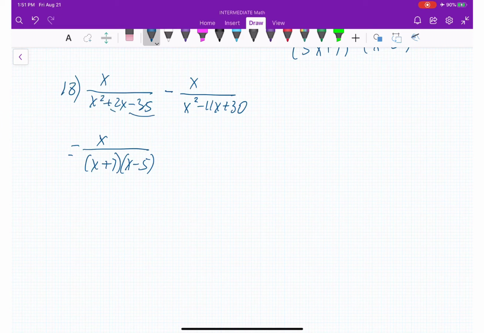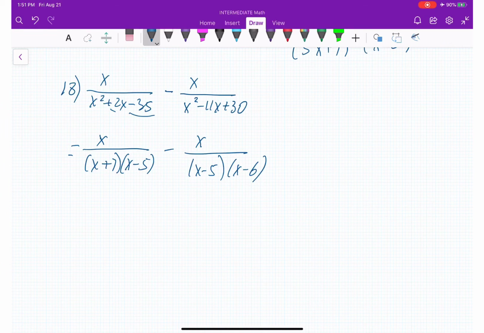So we did it correctly. Now, next. So minus, it's going to be x minus 5, x minus 6, because negative 5 times negative 6 is 30, and negative 5 and negative 6 give you negative 11.